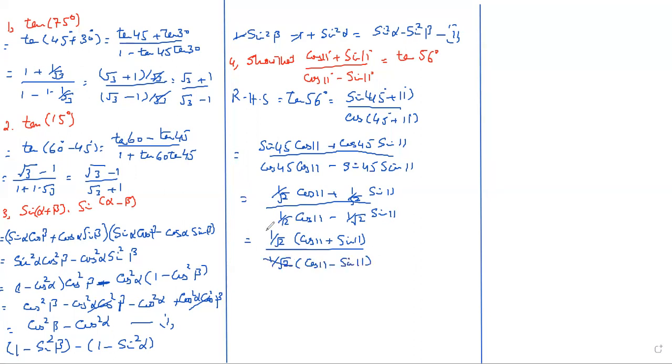Right? So this is cut and we are left with only cosine 11 plus sine 11 divided by cosine 11 minus sine 11, which is our left hand side.